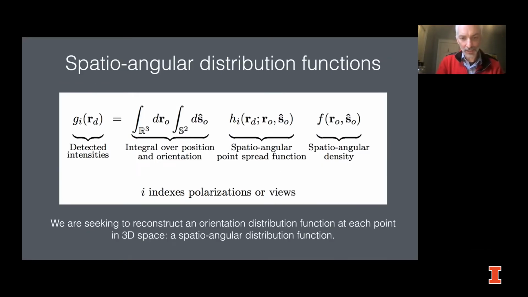Okay, so stepping back, this is not too complicated. It's a linear equation. It looks like a pretty typical continuous to continuous mapping. We've got this extra sort of angular integration. Let's step back to a simpler and more familiar example.